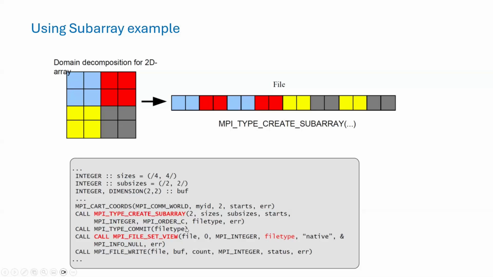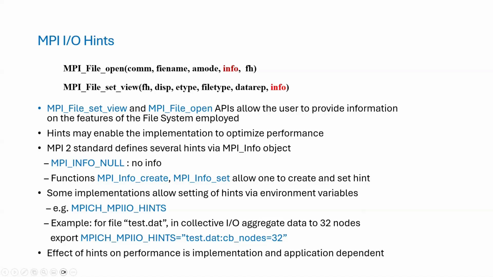This is the file type you define, and then you can set up the view, and then you can do the write. So what this basically says is you can have your own defined data structure to read and write, and it's not necessary to just do it one by one.